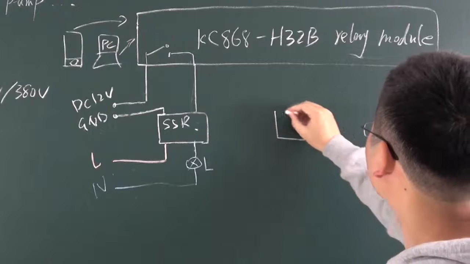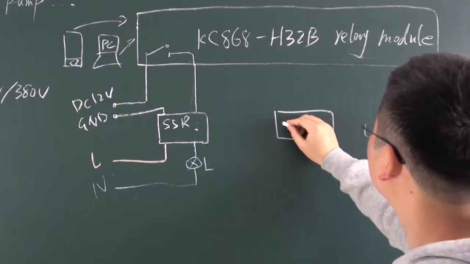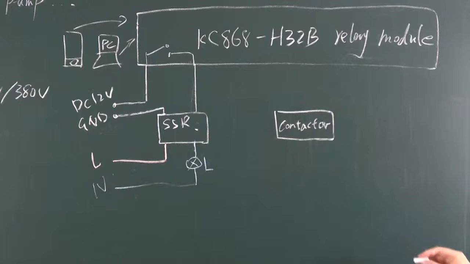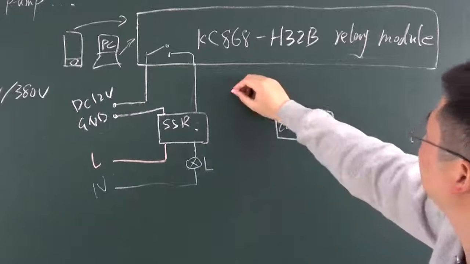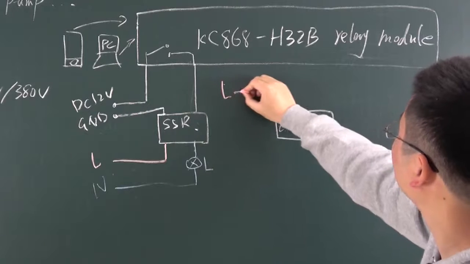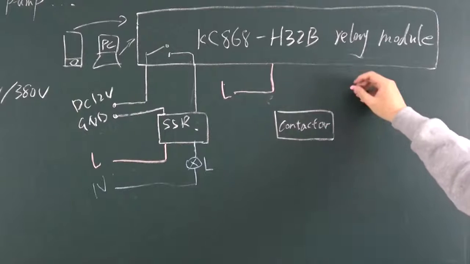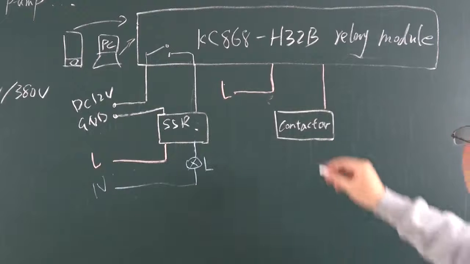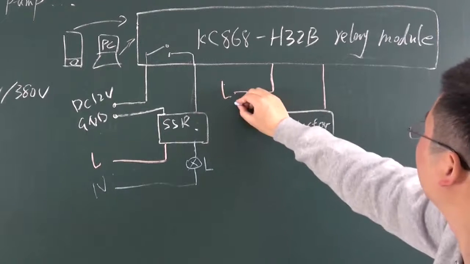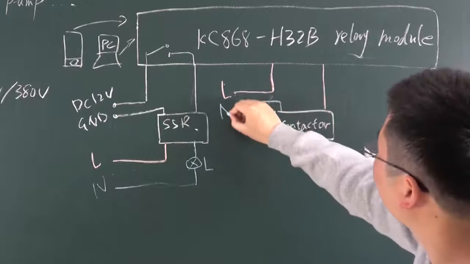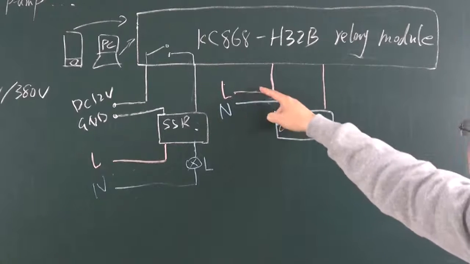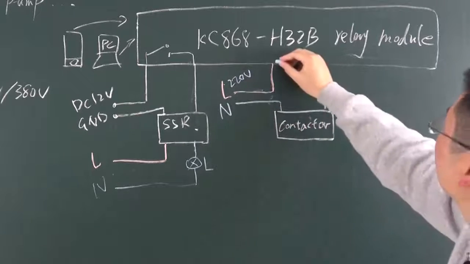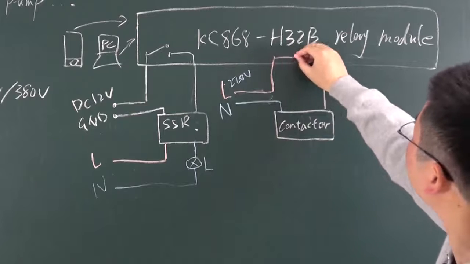So we also have a contactor. This is L. L will go to the relay, and the relay output goes back, and this is N. If we give this AC contactor 220 volt AC, it is also a switch.